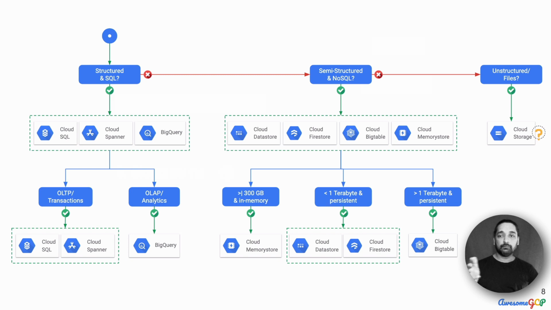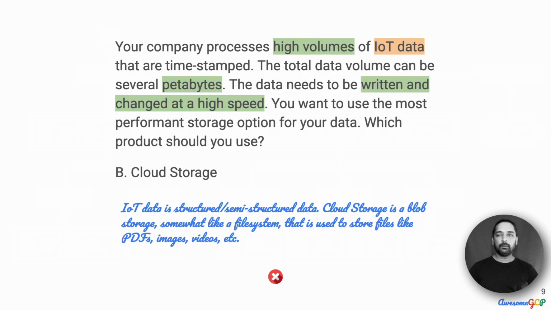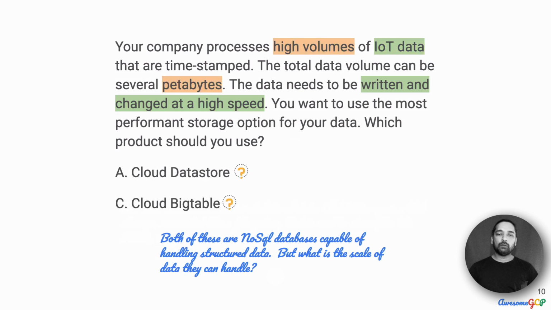There are others like Filestore, which I have not mentioned in this diagram. So looking at the kind of data, IoT data is structured or semi-structured, whereas Cloud Storage is a blob storage used somewhat like a file system that is used to store files like images, videos, and PDFs. So we can eliminate Cloud Storage as a potential option.